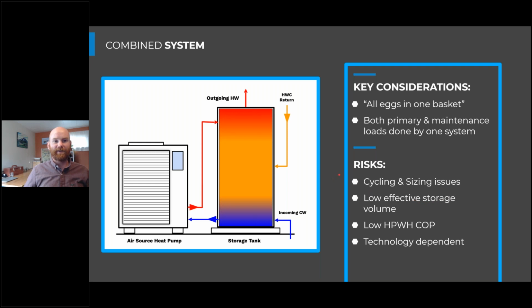There are some issues with this, and they primarily result in cycling and sizing, or we have some risks associated with cycling and sizing. So the hot water circulation load is nearly consistent, 24 hours a day, 7 days a week, 365 days a year.